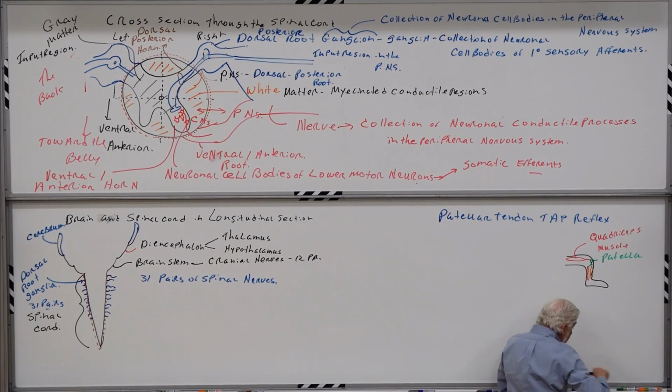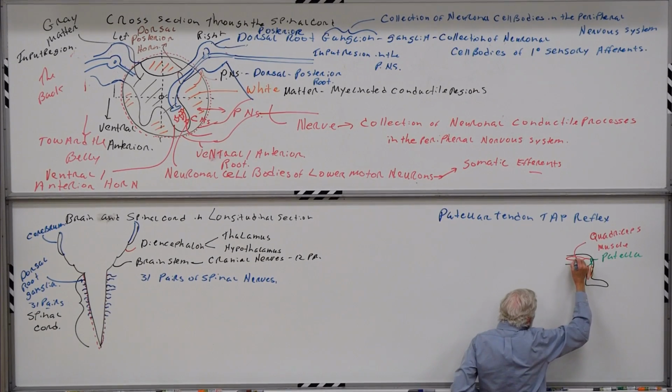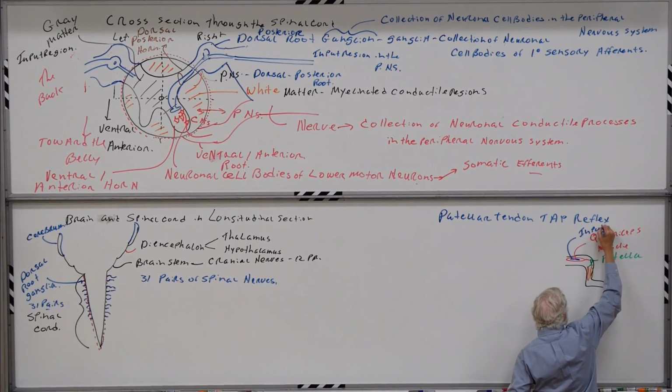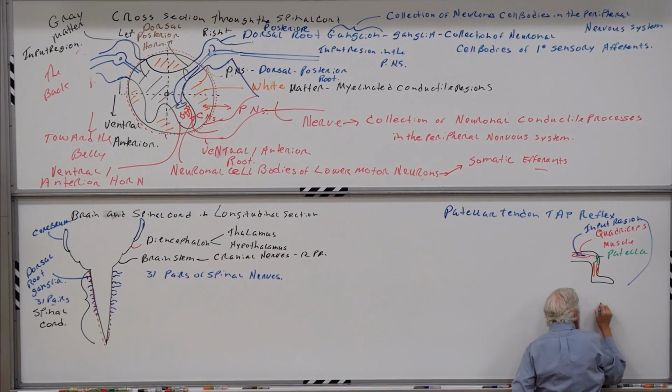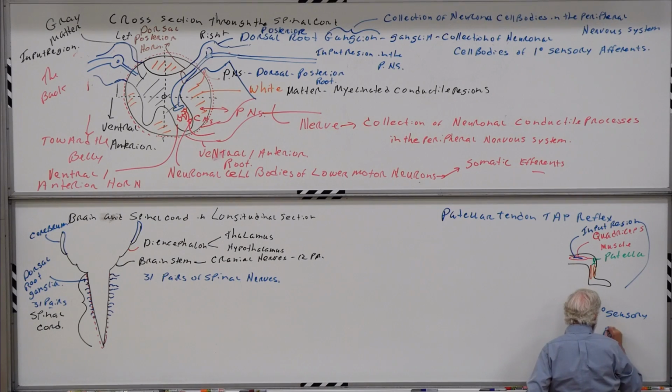So then, if we look at the quadriceps muscle itself, we see that there's an input region of a primary sensory afferent.